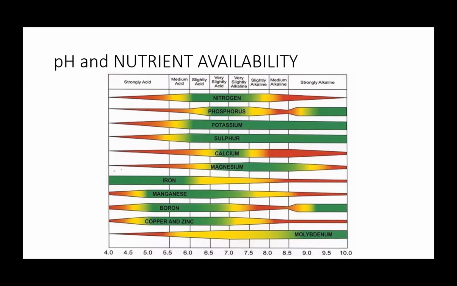So those would be missing from your CEC sites and your hydrogens would be there instead, where you have higher hydrogen concentrations. The opposite is true at the high pHs. So now you have more of your micronutrients that you don't need a lot of, or your trace nutrients or trace elements are more deficient at the high pHs.